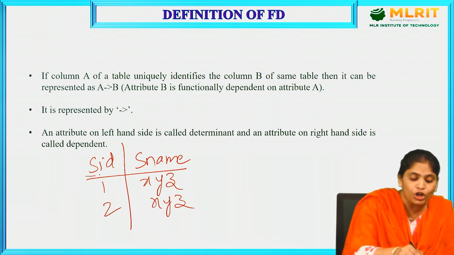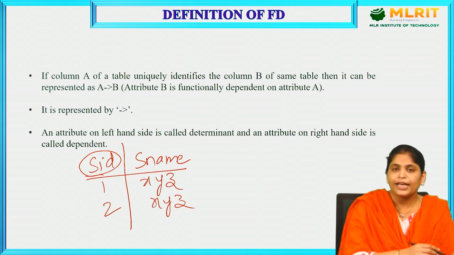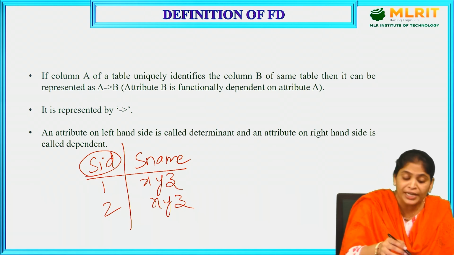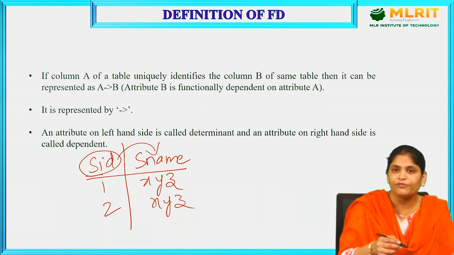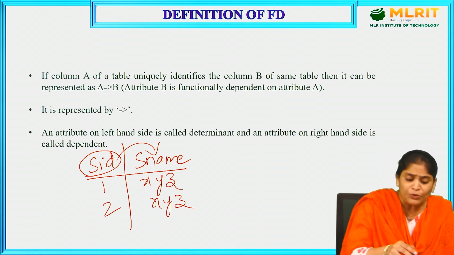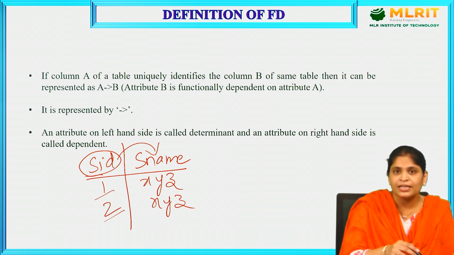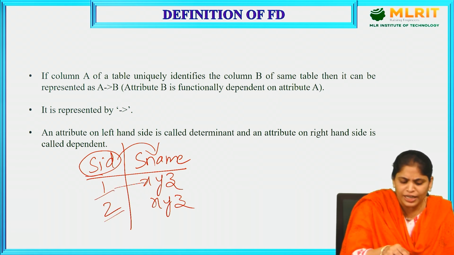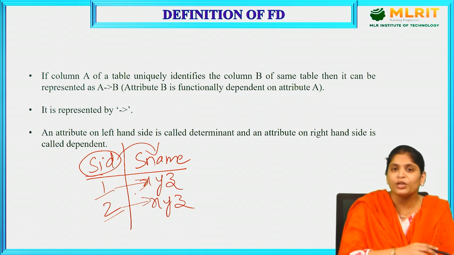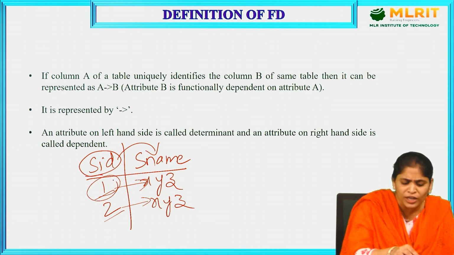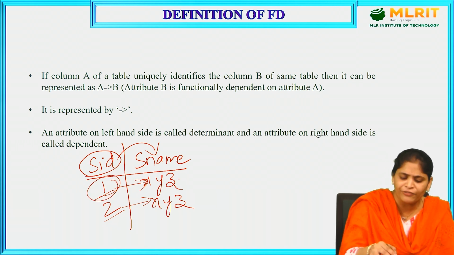If one column of a table can uniquely derive another column, that means with the help of IDs I can derive the names, the persons, uniquely.